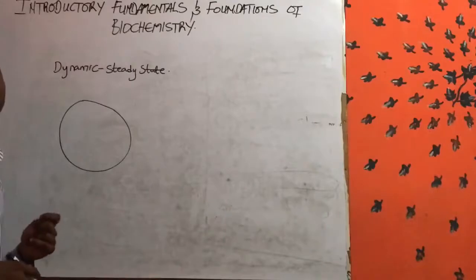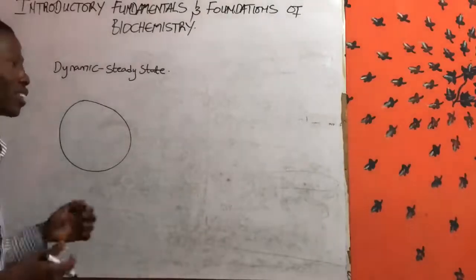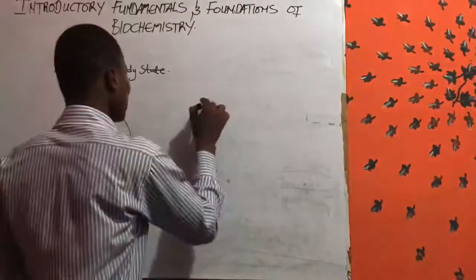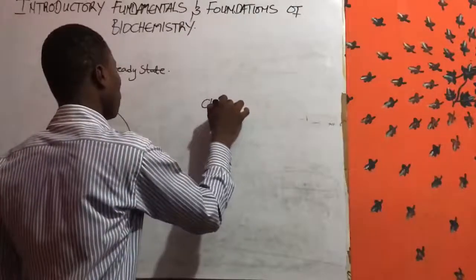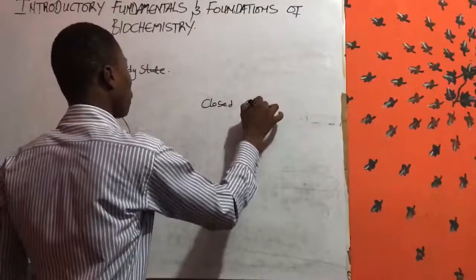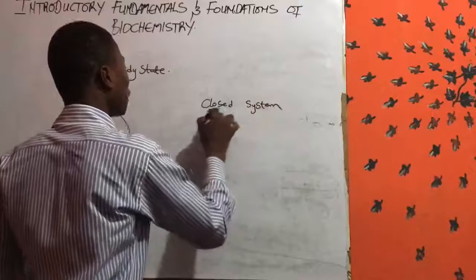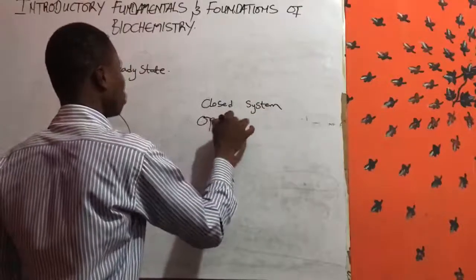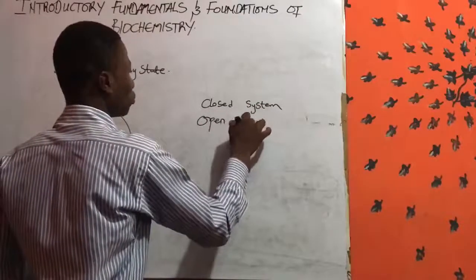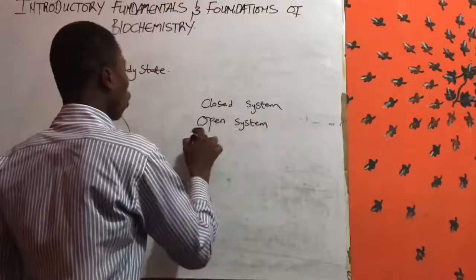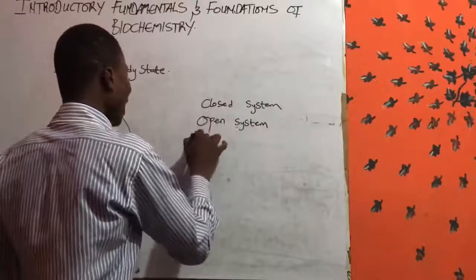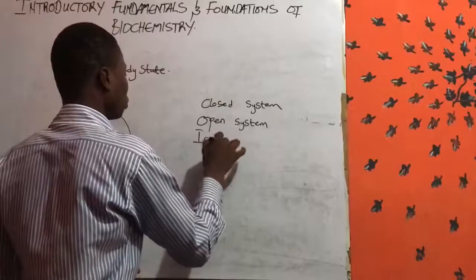When we're looking at a system under physical science, a system can either be a closed system, an open system, or an isolated system.